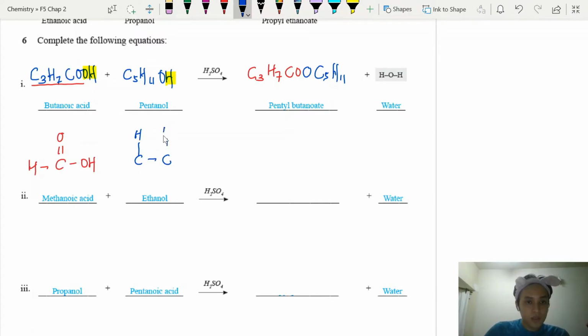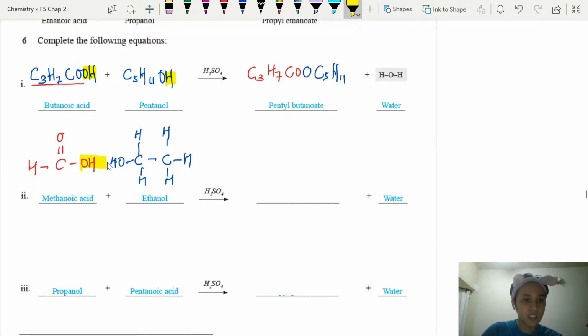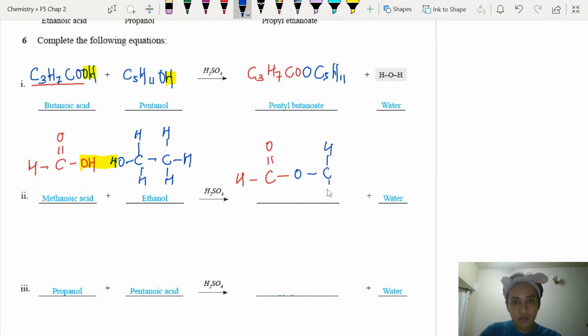I put the alcohol here, with the hydroxyl group at the left side because it's easier to see the combination: the hydroxyl from the acid and the hydrogen from the alcohol. So you remove this part, then bring this whole thing combined to the acid part. So I have C double bond O, O, and then the alcohol comes in there, H2.